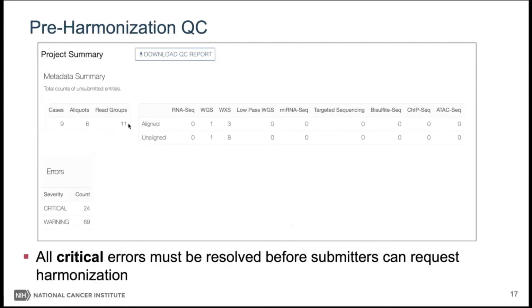And then it also has a breakdown of whether the errors are on the aligned or unaligned reads and which experimental strategy they show up on. Then at the bottom is just a basic count of how many critical errors and how many warning errors exist. And like I said before, all critical errors must be resolved by the submitter before harmonization can be requested.